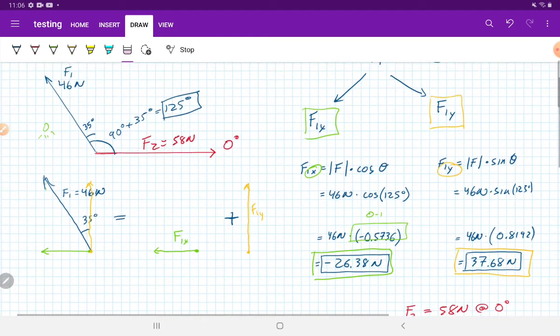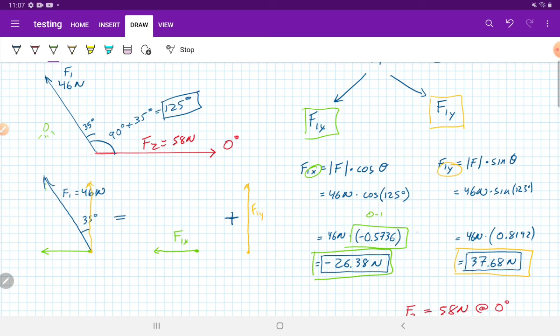So out of the 46 newtons, 0.57, which is 57% of these 46, is actually pushing in the x direction. Okay. So this value, we said, is the percentage. So about 57% of the total force is pushing that way.